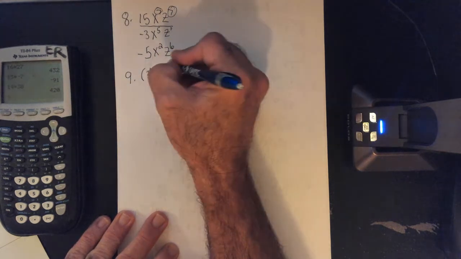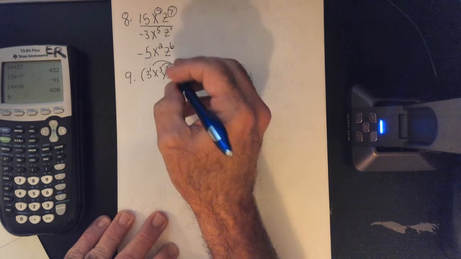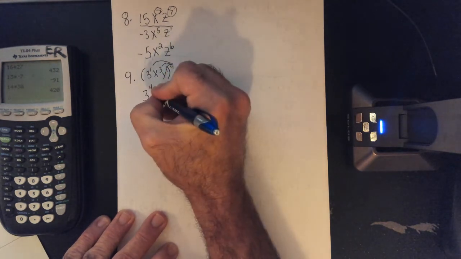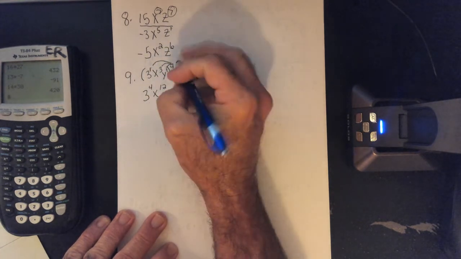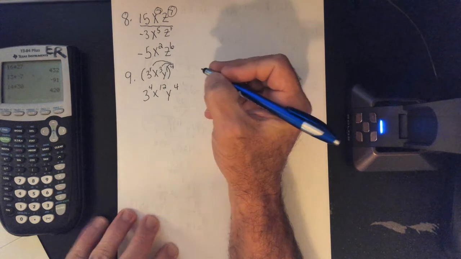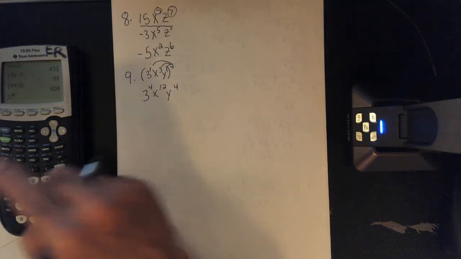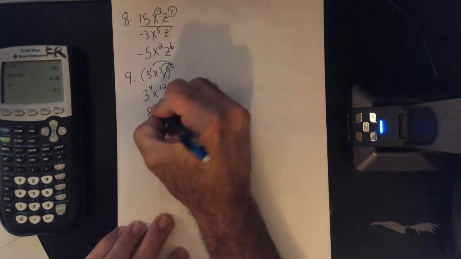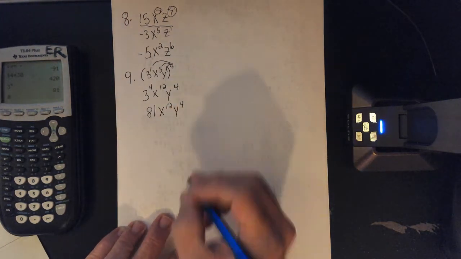In the power rule, you take the exponent on the outside and multiply by all the exponents on the inside. So you get 3, 1 times 4 is 4, x, 3 times 4 is 12, y, 1 times 4 is 4. The only thing I can do now is figure out what 3 to the 4th power gives me. That's going to give me 81, and then x to the 12, y to the 4 stays the same.